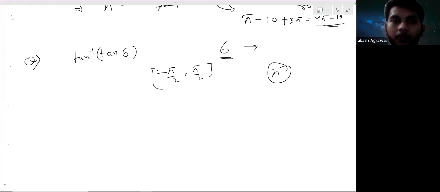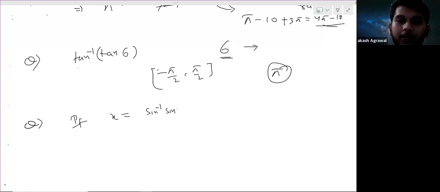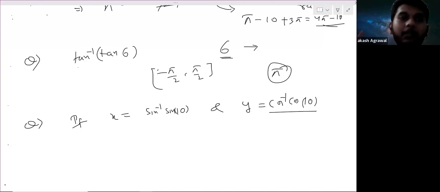Okay, so next question, homework. If x equals sine inverse sine 10 and y equals cos inverse cos 10, don't copy the value of cos inverse cos 10 from above, derive it yourself.